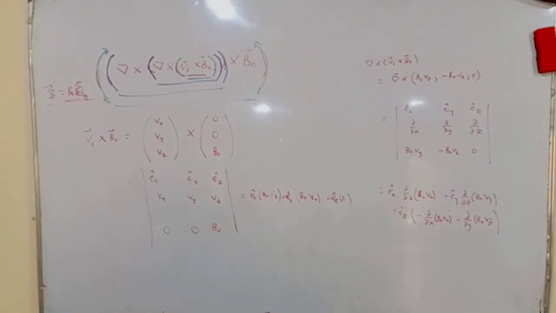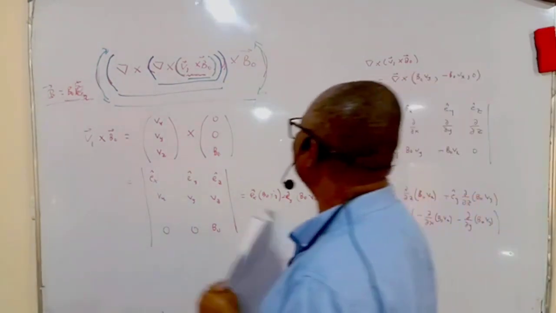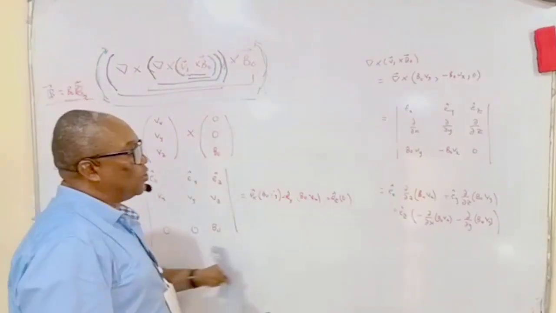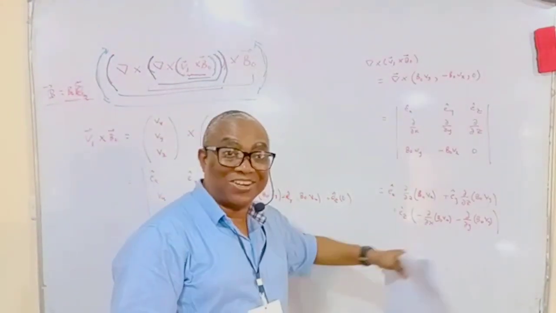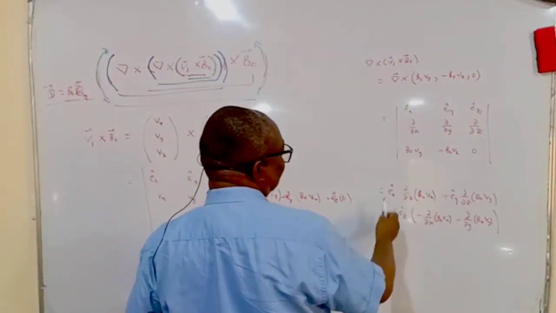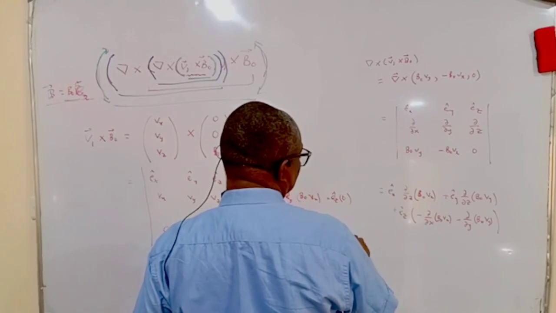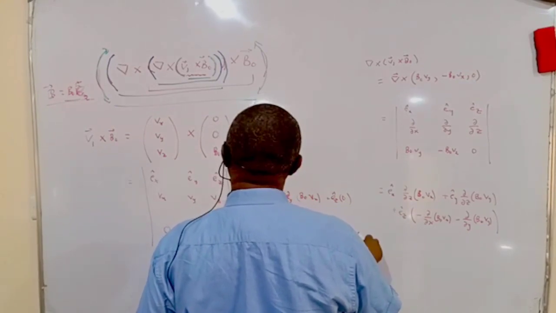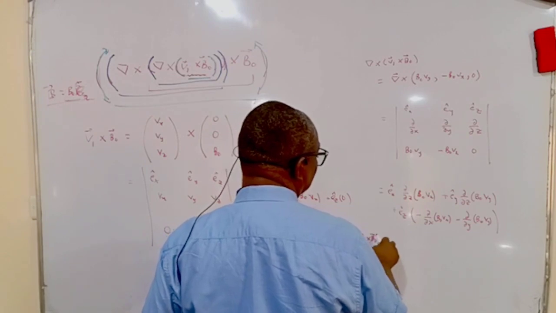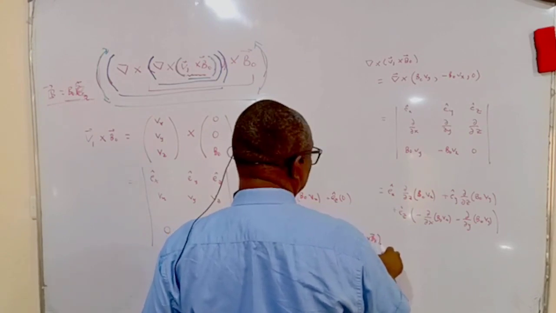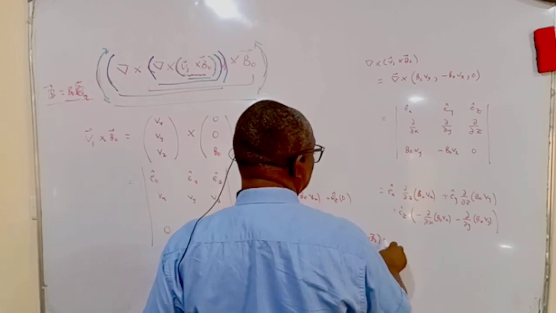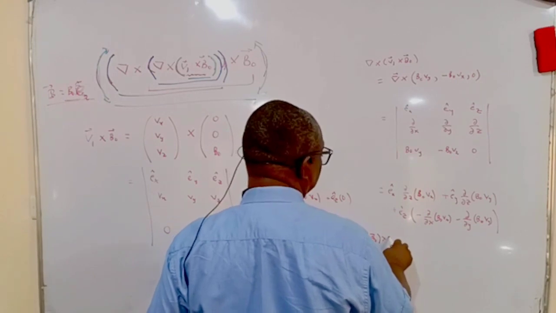Which one are we going to do next? This is the next. So we are going to use this and cross off B naught. So you are now going to have this, curl into V cross B0, curl of B0.